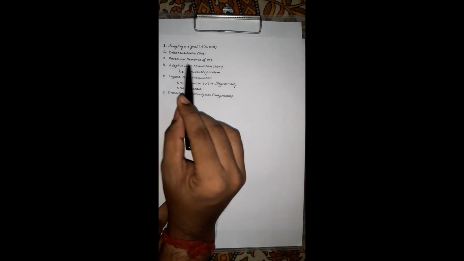So let us first see our outcomes that we are going to discuss. These are our course outcomes for today's video. First of all we will see sampling a signal.